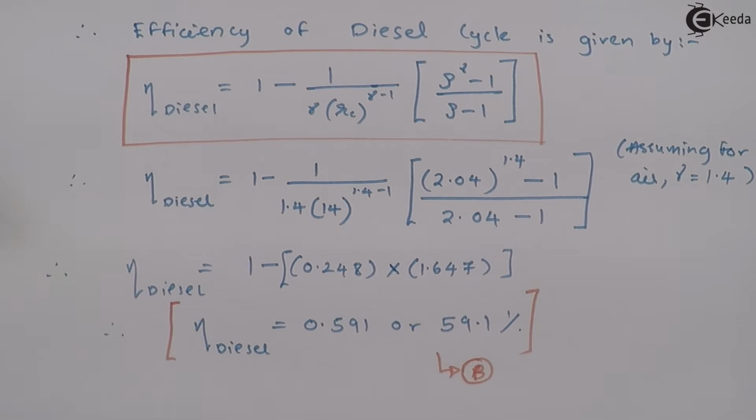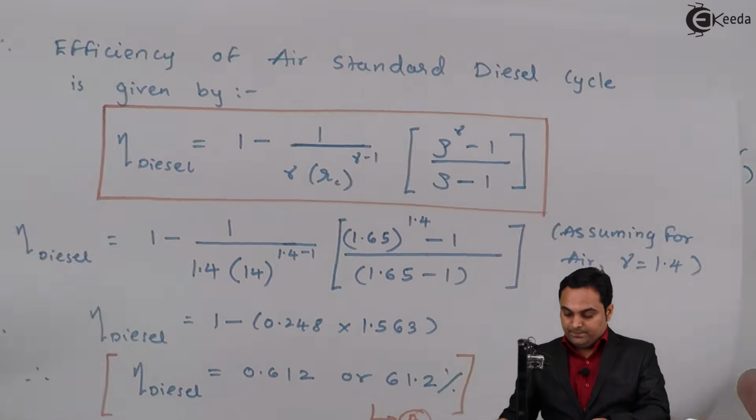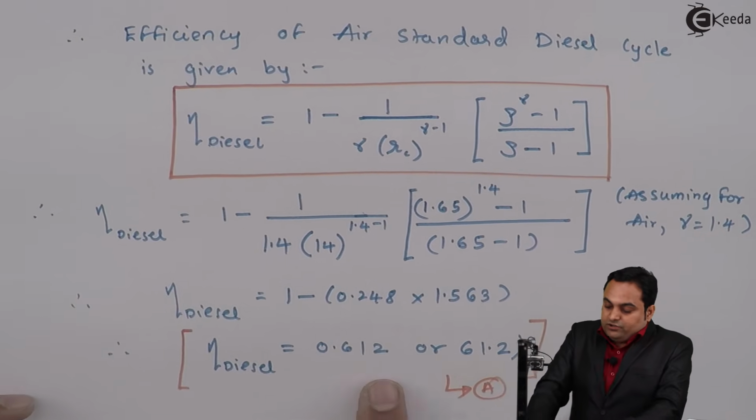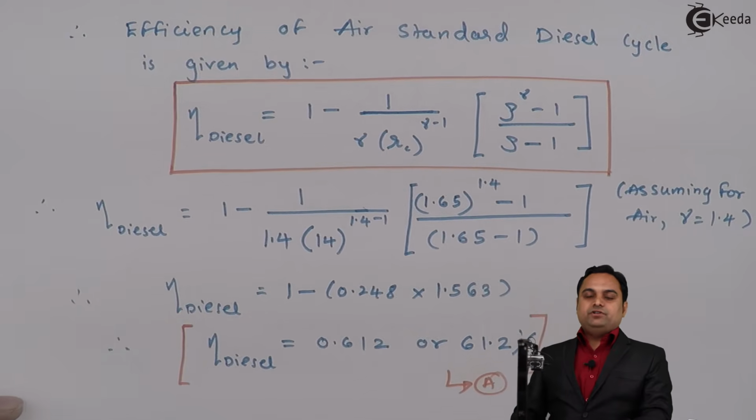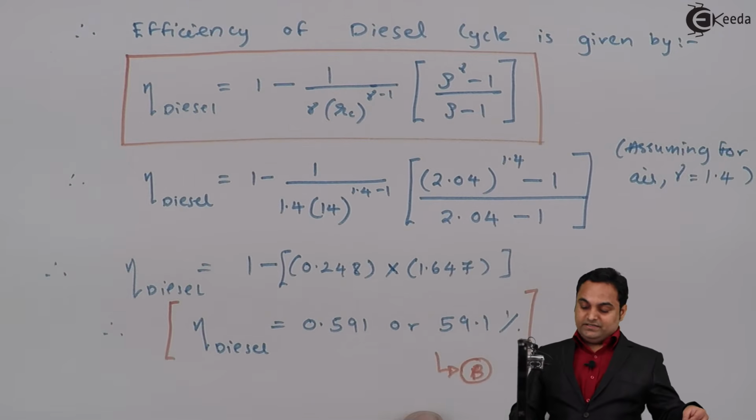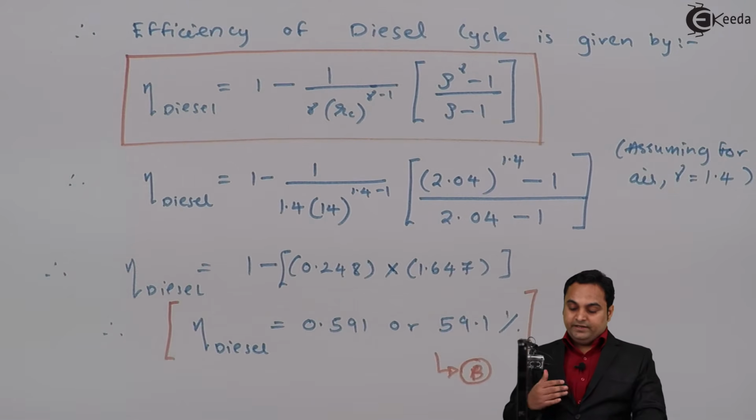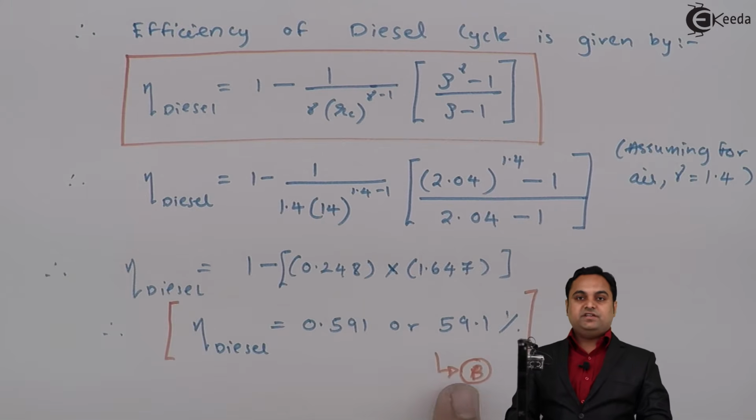So now we can closely understand that in case number 1 the efficiency was 61.2%, that is when the fuel cutoff was at 5%. Next, in the second case, when the fuel cutoff is at 8%, the efficiency has decreased.